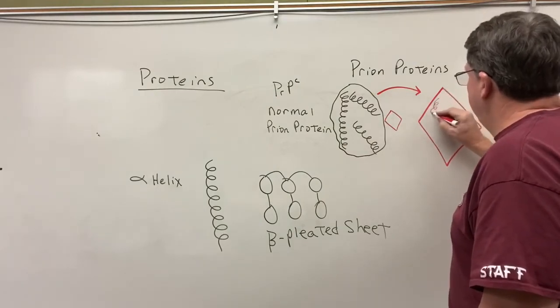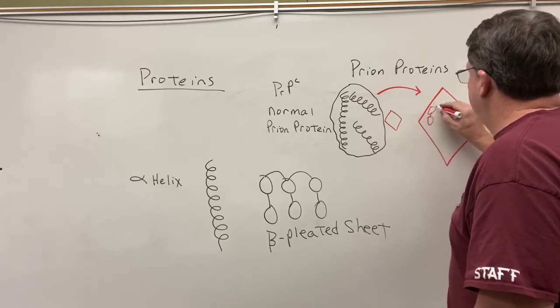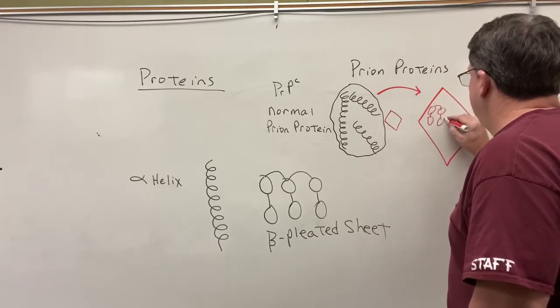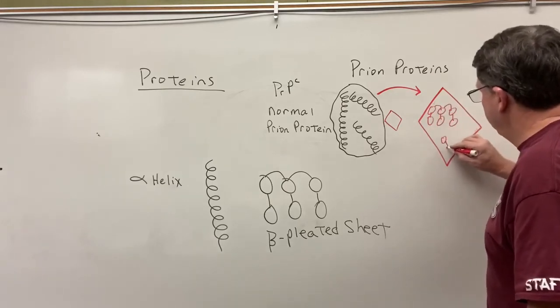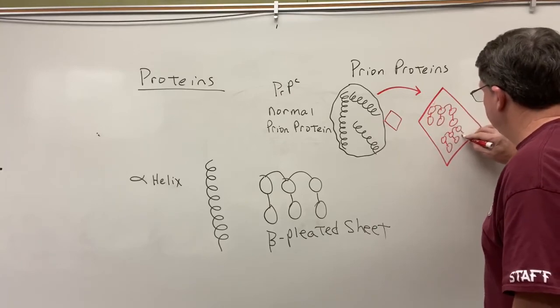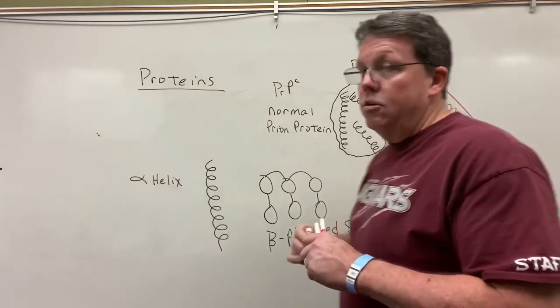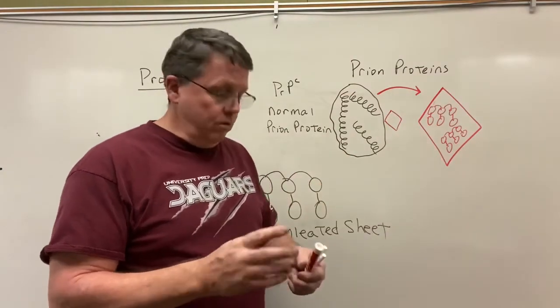All right, and now I'm going to get my beta pleated sheets in here. And so now this has become a prion. And so that's how the prions are formed.